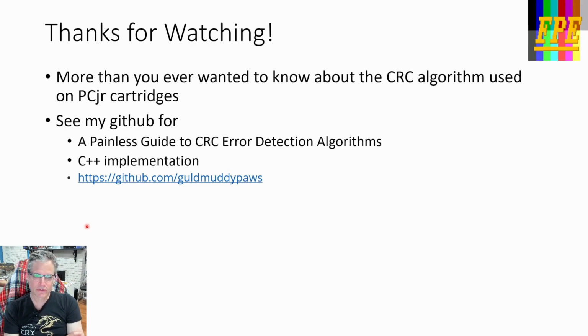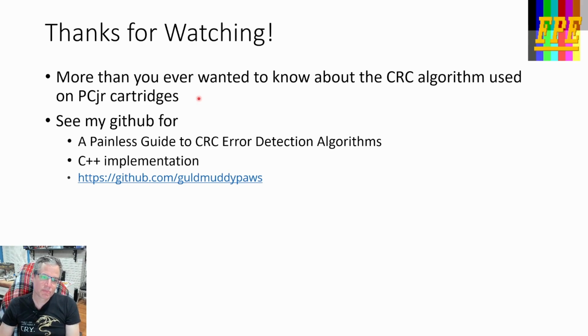It took me a little while to determine exactly what it was doing, but hopefully this is of interest to someone and maybe helps you understand what it's doing a little bit, or at least you find it interesting to understand like I did. So that's probably way more than you ever wanted to know about the CRC algorithm used on the PCjr cartridges.